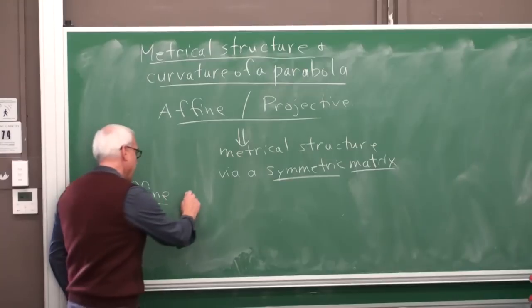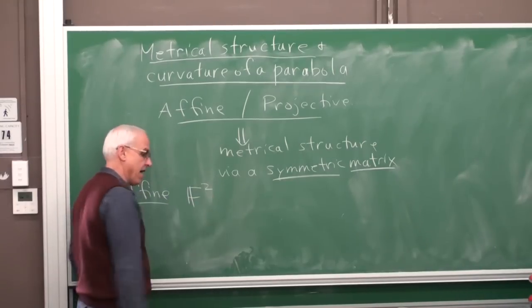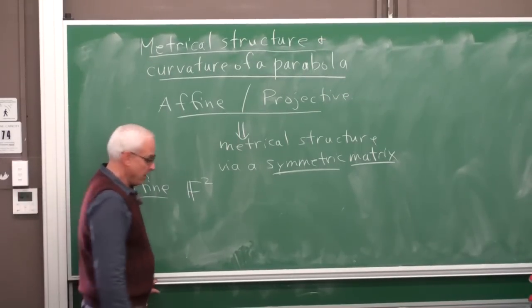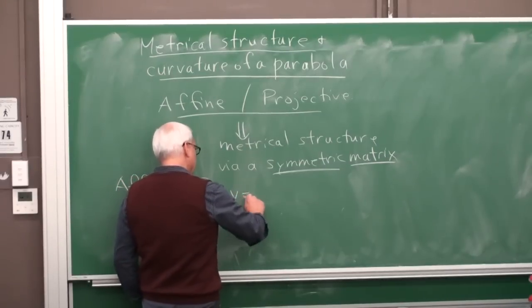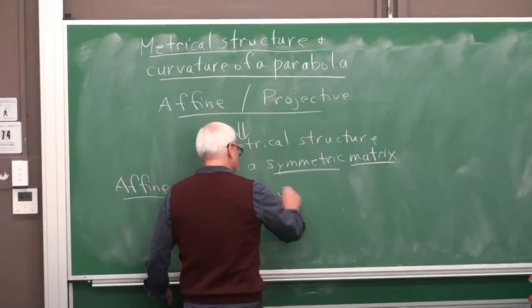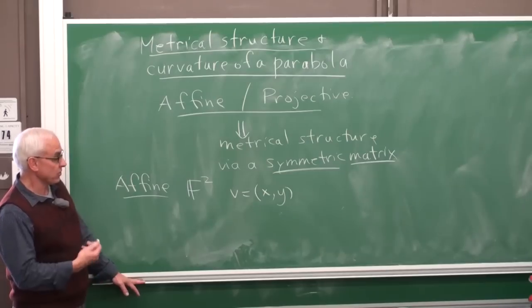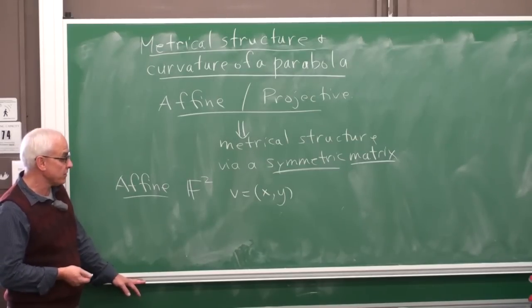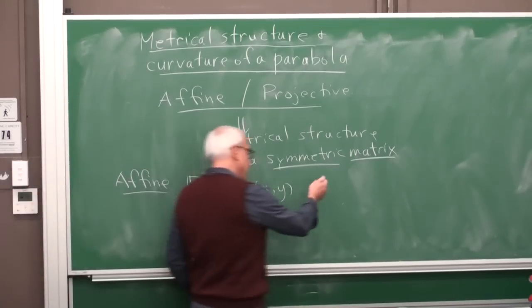And we'll start, say, in the plane, the affine plane, just with coordinates x and y. So a typical vector is, say, x and y, like this. And a metrical structure is given by what's usually called an inner product or a dot product, and it's given as follows.